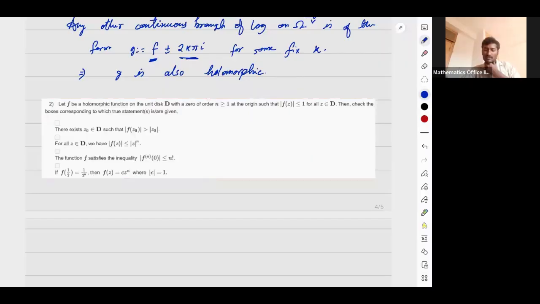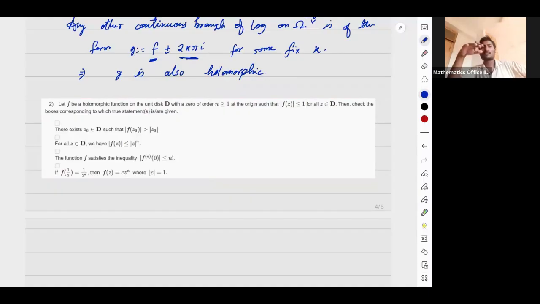So for the second question, let's see what we are doing. Let f be a holomorphic function on the unit disk with 0 of order n, which is greater than or equal to 1, at the origin, such that modulus of f is bounded by 1.